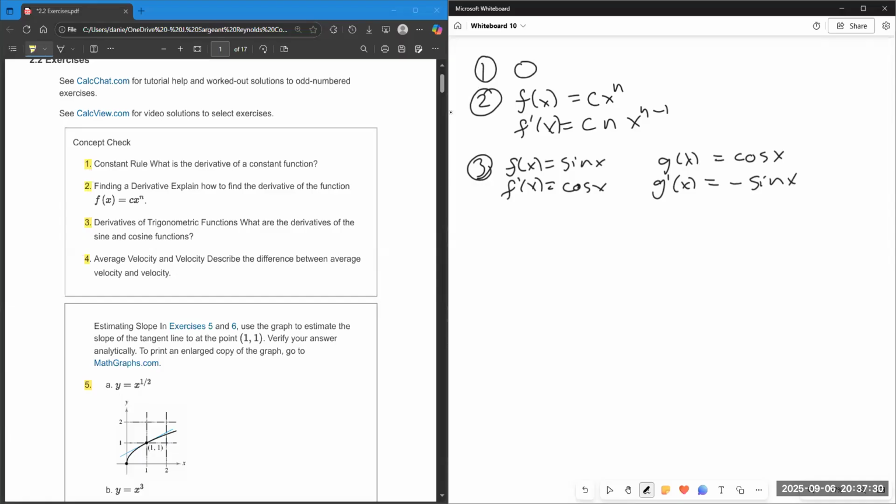Average velocity and velocity: describe the difference between average velocity and velocity. So when they just say velocity, they're talking about instantaneous velocity. Your average velocity requires 2 points, an initial and a final.